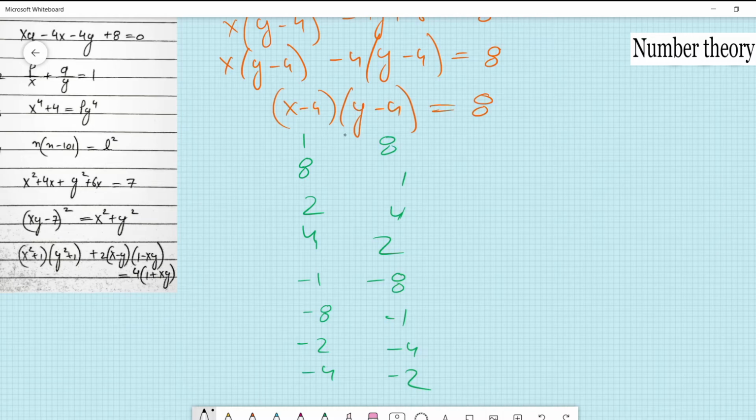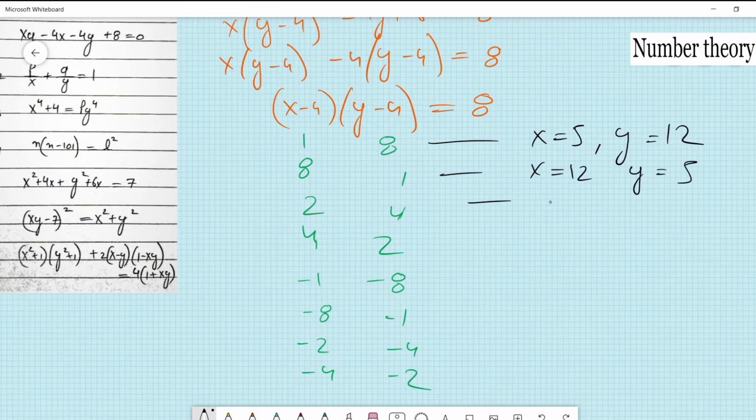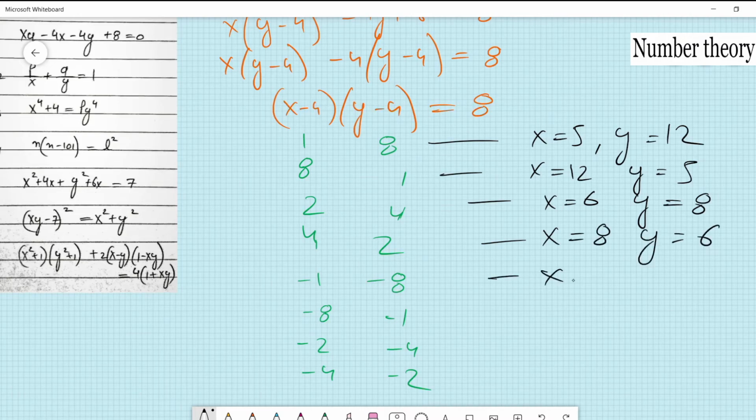Okay. This one gives a solution: x is 5, y is 12. And this one gives x is 12, y is 5. This one gives x is 6, y is 8. And this one gives x is 8, y is 6. This one gives x is 3, and y comes out to be minus 4.